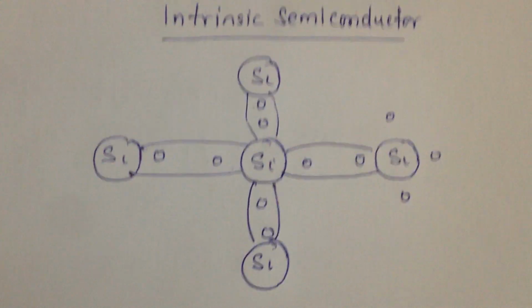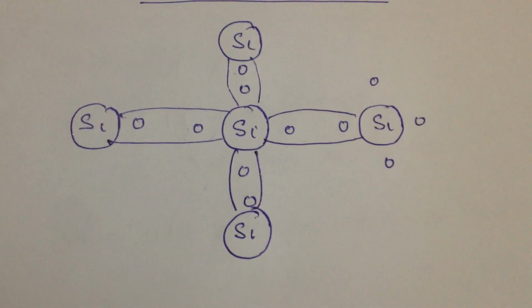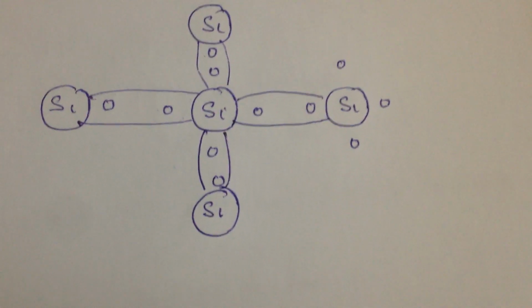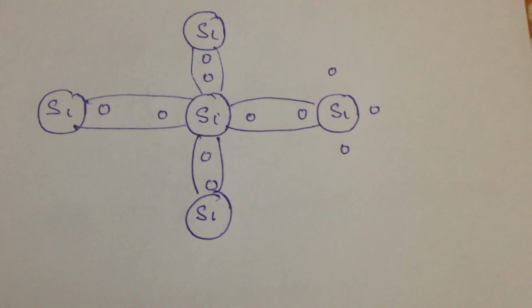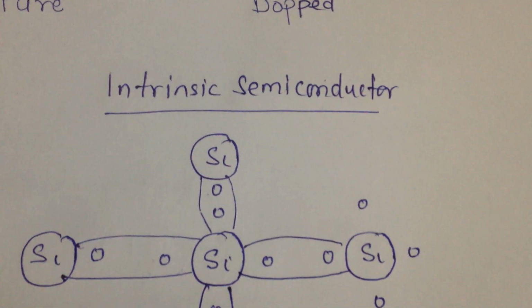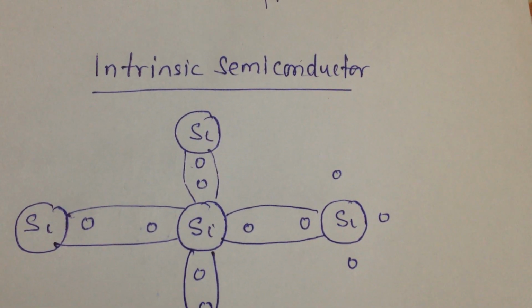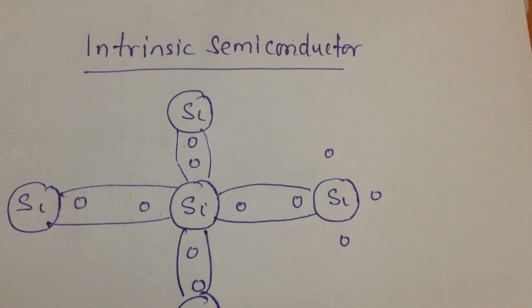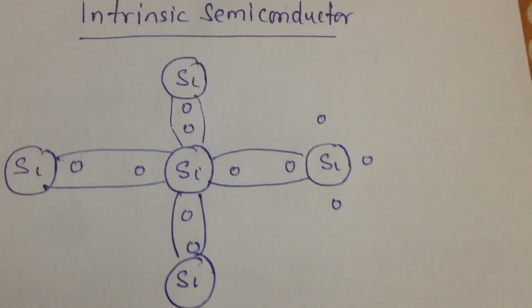We need to add some pentavalent or trivalent impurities to the pure germanium or silicon. When we add impurities to the intrinsic semiconductor, another type of semiconductor appears, called the extrinsic semiconductor.